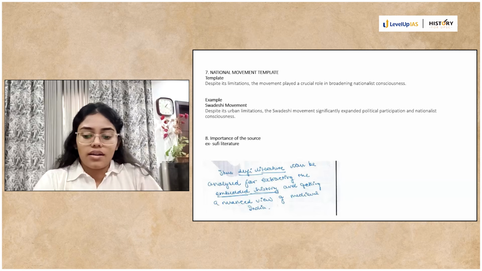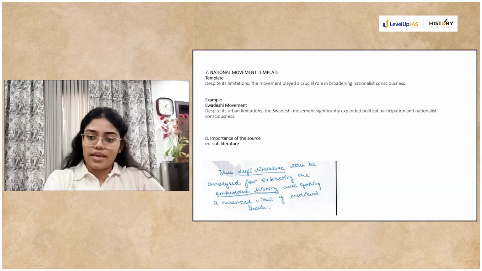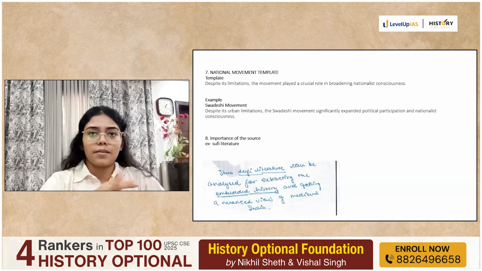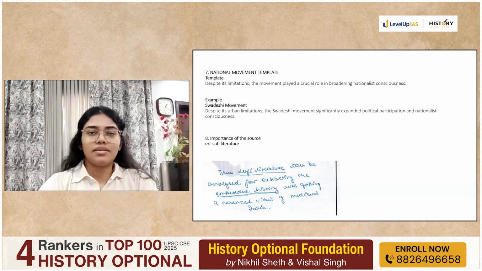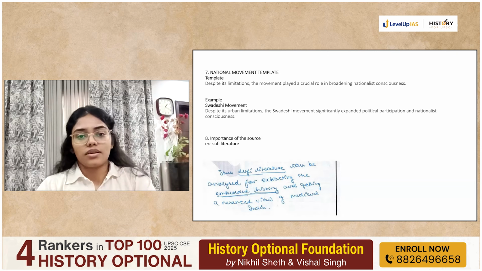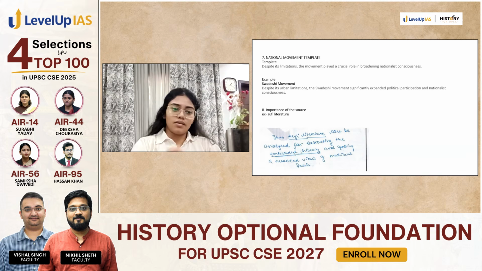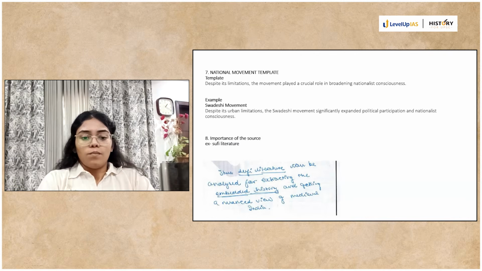So if there are any limitation, in conclusion as well, recognize those limitation by just saying that despite the limitations, this significantly expanded, or this significantly helped us in the future movements. So recognize the limitations and also show the examiner कि उसके advantages क्या. Now this is a national movement template that you can use anywhere in any movement possible.